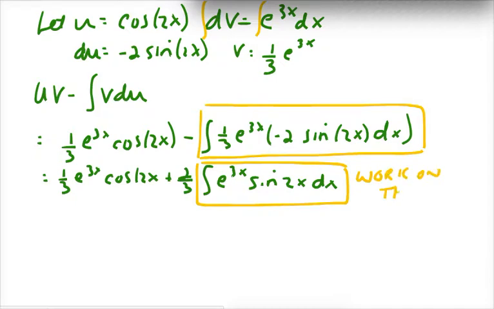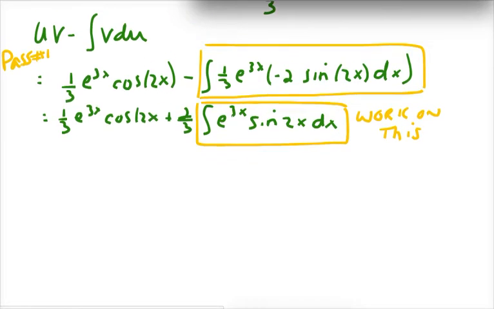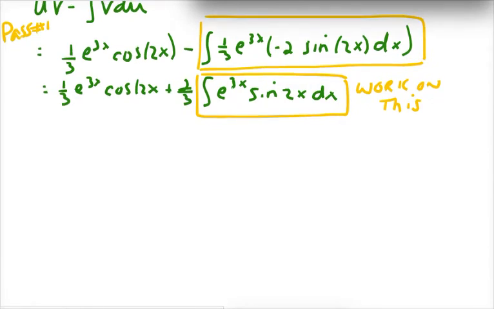Right, this is the multiple iterations. We're going to take that aside and do another pass. So this was pass 1. So let's take this integral and work on that.